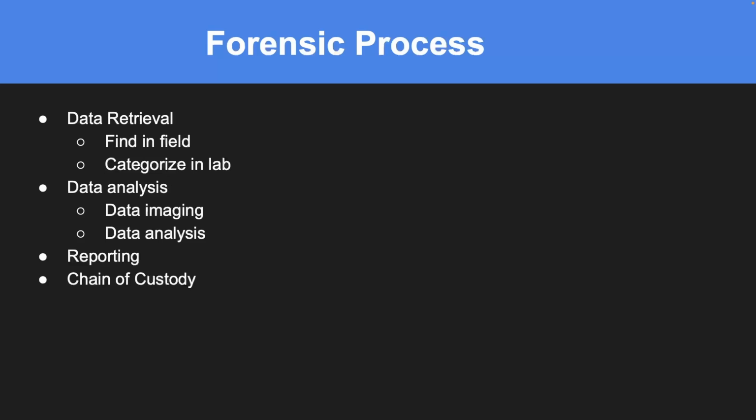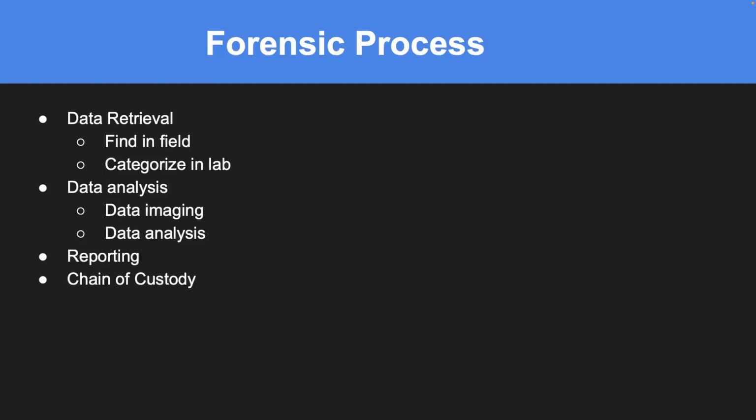In doing so, we will have a full copy of the device's memory that will be used for data analysis. And that brings us directly into our next process, which is our data analysis process. We will analyze this data by whatever means we have, and this analysis will lead very smoothly into a reporting process.